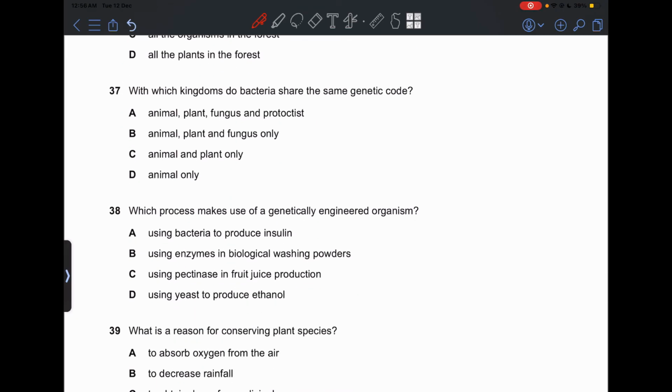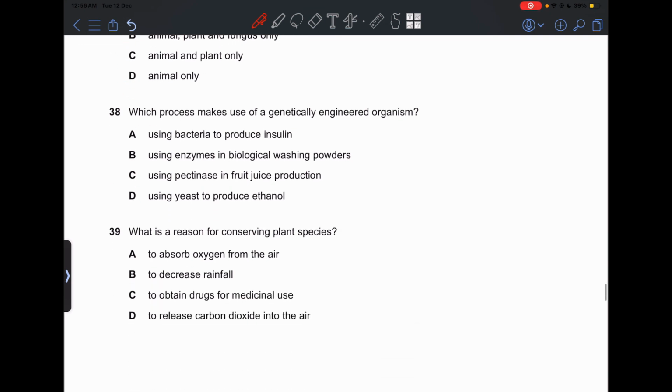37. With which kingdoms do bacteria share the same genetic code? A says animal, plant, fungus, and protist. This is actually the correct answer. We know that bacteria share the same genetic code as all of the stated organisms. So our answer is going to be A. 38.